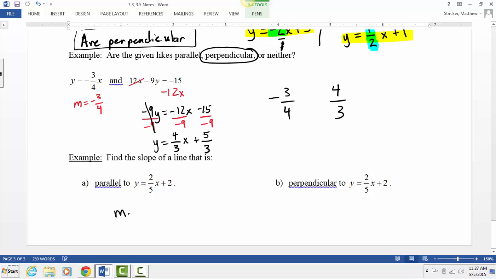So the slope should be 2/5, the same as the slope in this line. Now if it's perpendicular to this line, the slope should not be the same. The slope of a line perpendicular to this line should be the opposite sign, so it's a negative in this case, and also the reciprocal, 5 over 2.